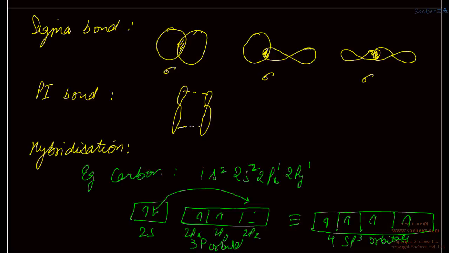There are 3 p orbitals and 1 s orbital, and they intermix to form 4 sp3 orbitals.